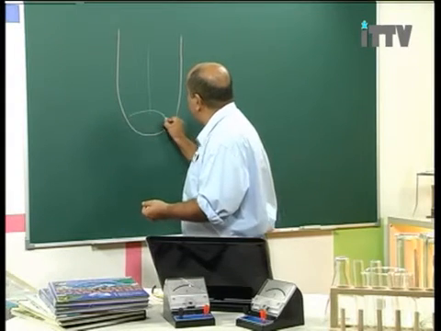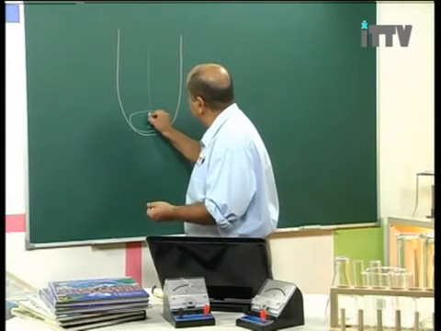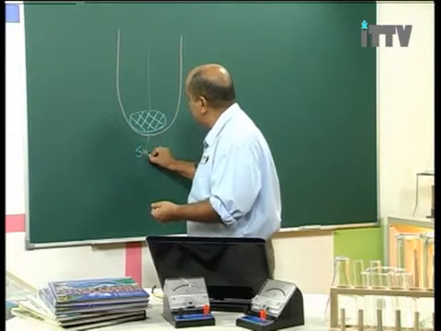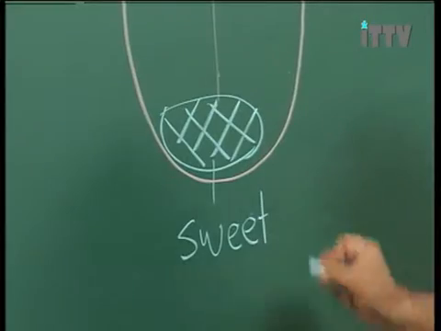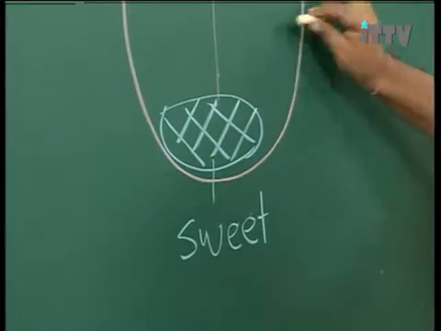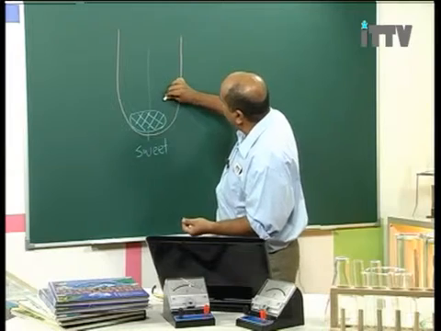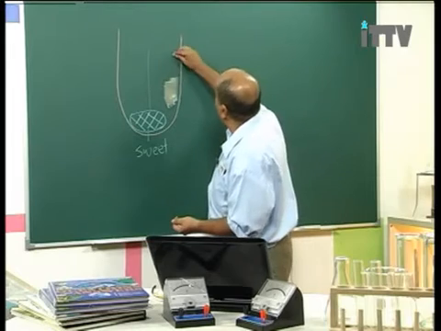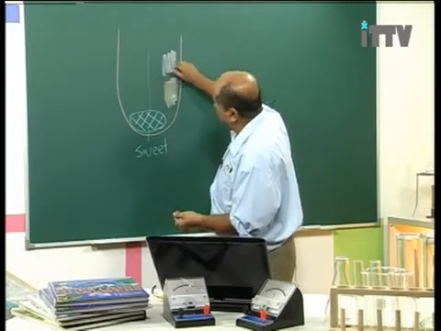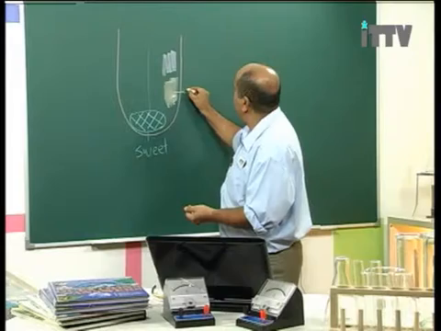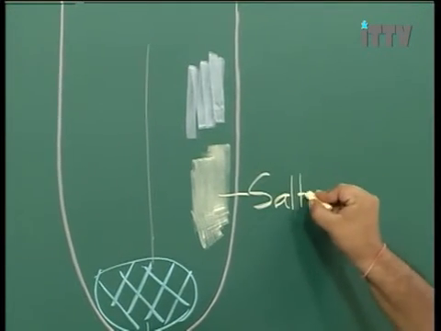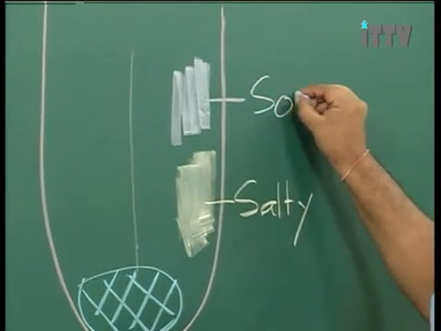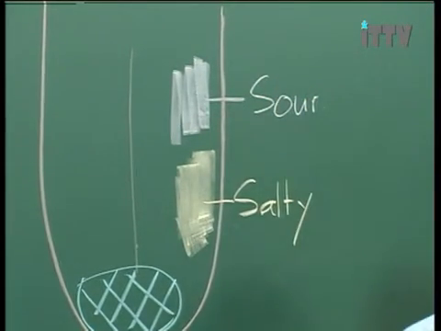We have one at the tip of our tongue here. This is our sweet area. And then along the side of our tongue, we have two other areas. I'll shade this one in here, and we'll put another one in over here, like so. These two are, first, your salty, followed by, over here, sour.